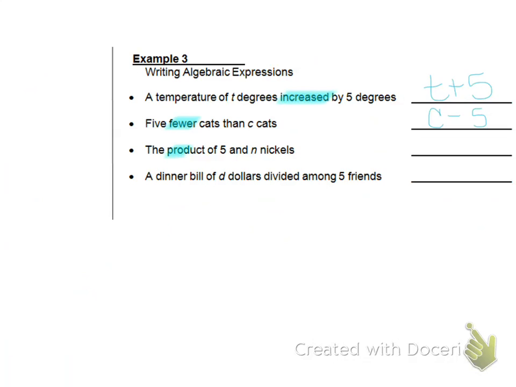The product of 5 and n nickels suggests multiplication, 5 times n. And then lastly, a dinner bill of $D divided among 5 friends. So that one kind of says the word right in the problem. We're dividing. D divided by 5 would be that expression.